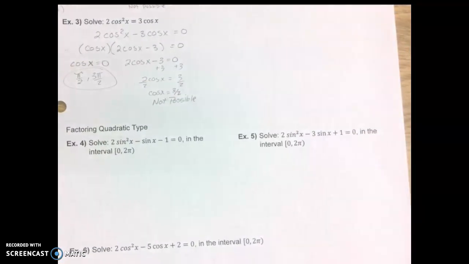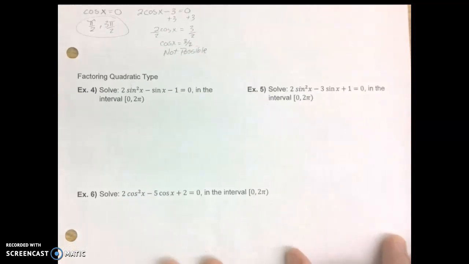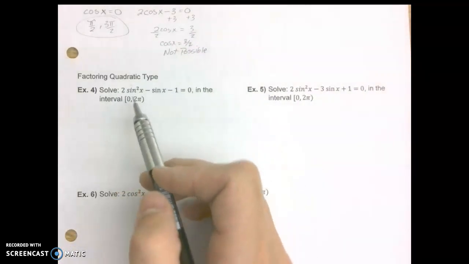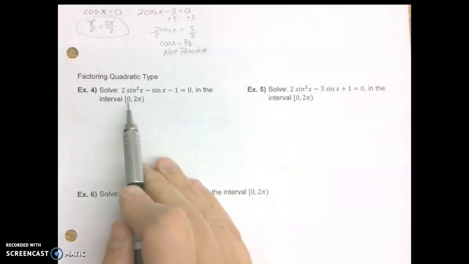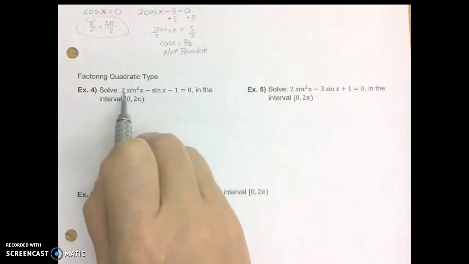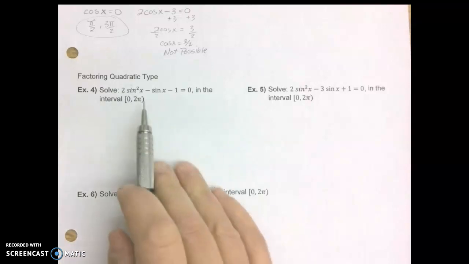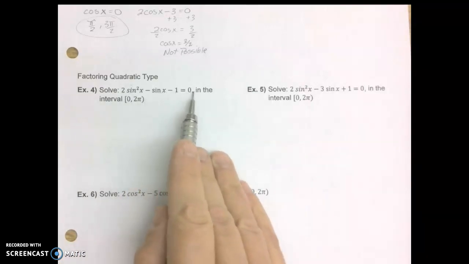Okay, that's kind of using a GCF, the greatest common factor. Now let's talk about factoring algebraically. Again, we're still in the interval 0 to 2 pi here. So 2 sine squared x minus sine of x minus 1 equals 0.